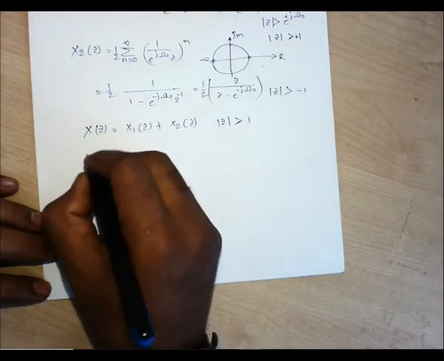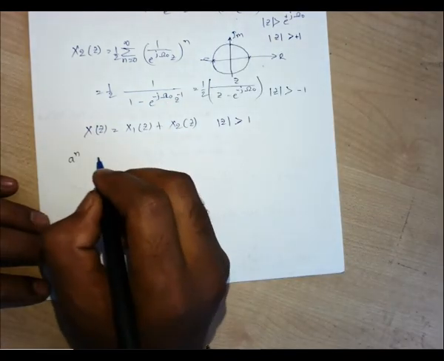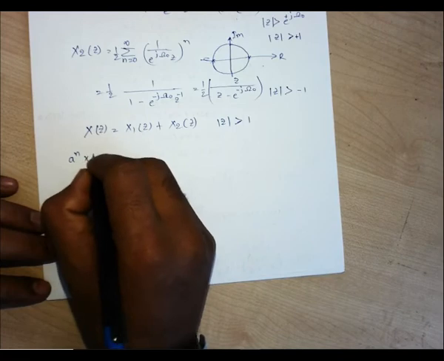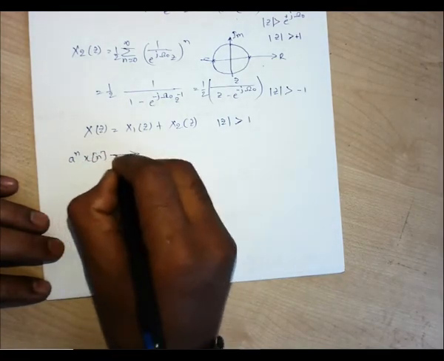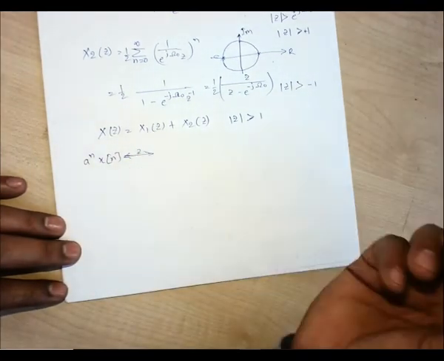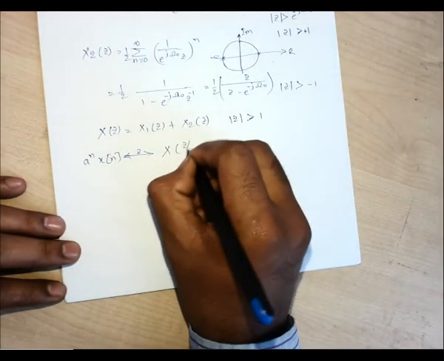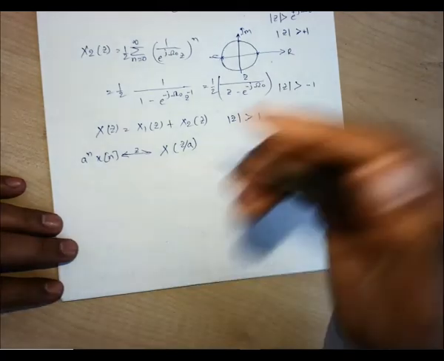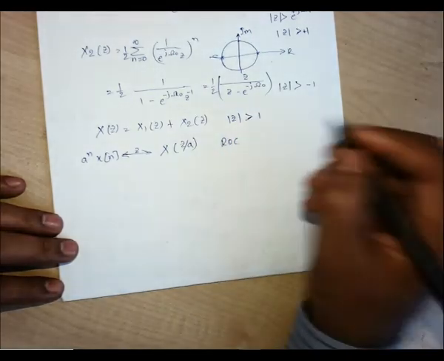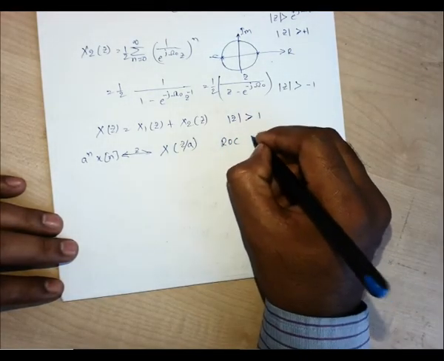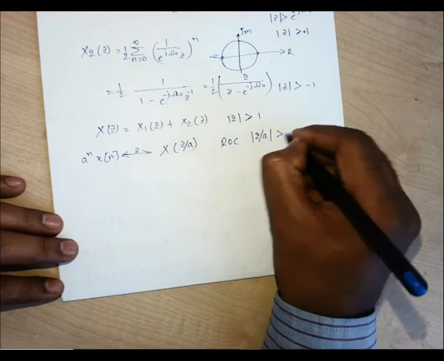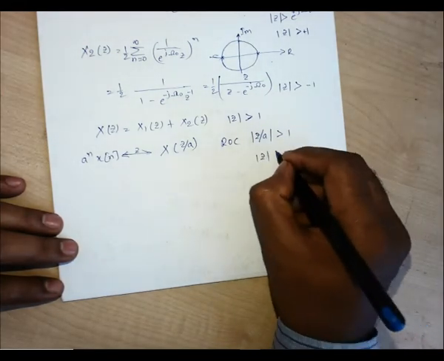Now when we multiply by a to the power n into x of n and take the z transformation of that, what is the modification in X of z? z becomes z by a, and the ROC becomes mod of z by a greater than 1, that is mod of z greater than a.